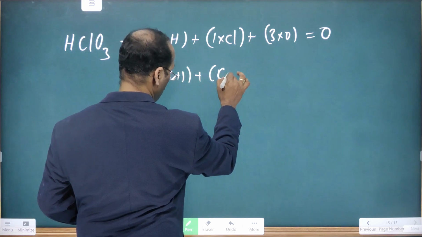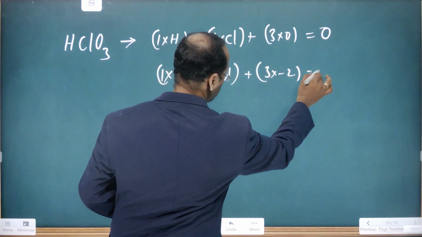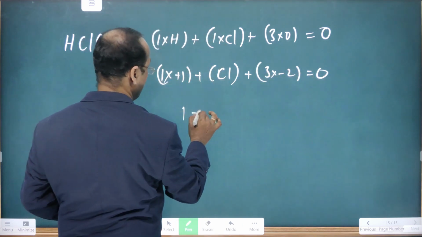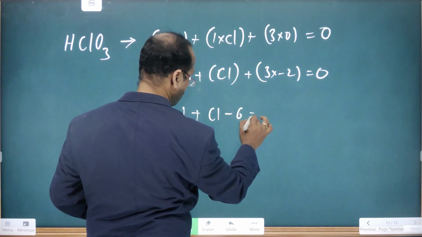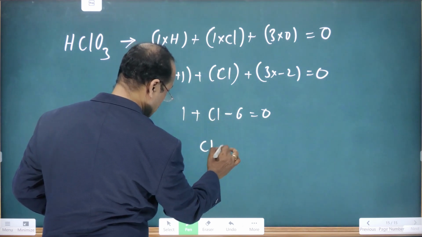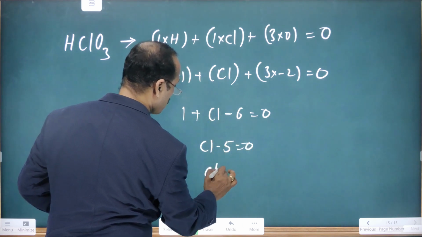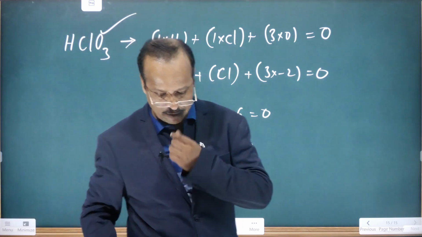We need to find the chlorine only. Plus 3 into oxygen is -2, is equal to 0. So 1 into 1 is 1, plus chlorine, minus 3 twos are 6, is equal to 0. Plus 1 minus 6 is -5, so chlorine is equal to +5, correct? So HClO3 is the right answer.